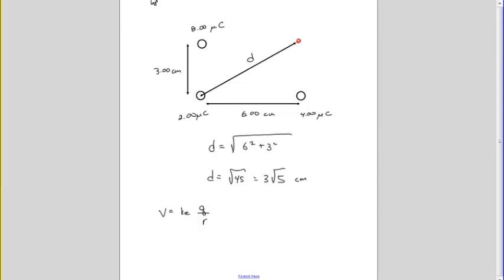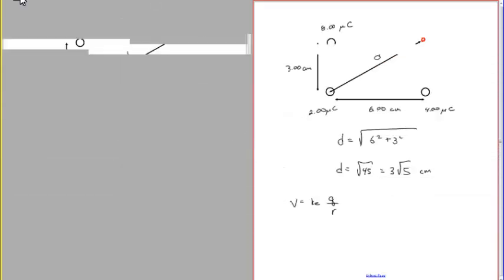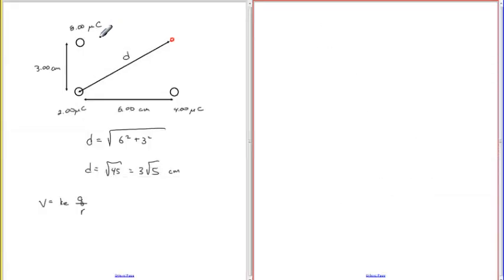So let's add a second page. And let's label these. I don't think they label them in the book. So let's just number them. Let's call this 1, this 2, this 3.